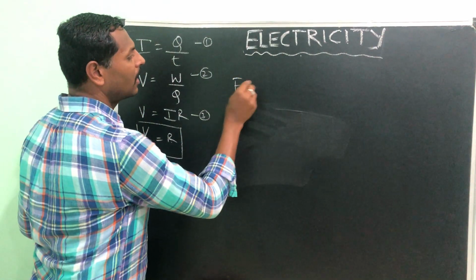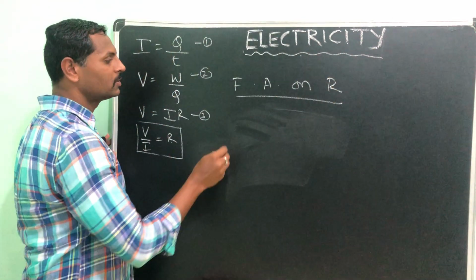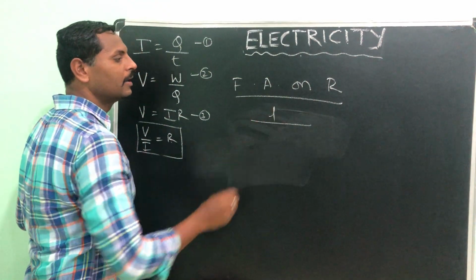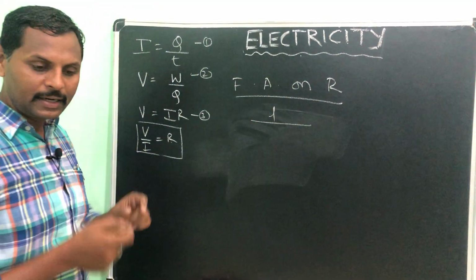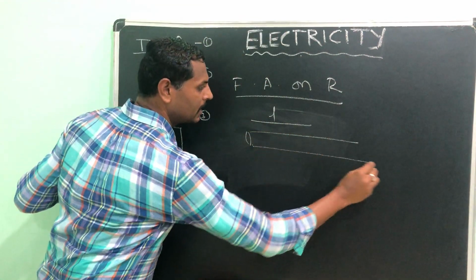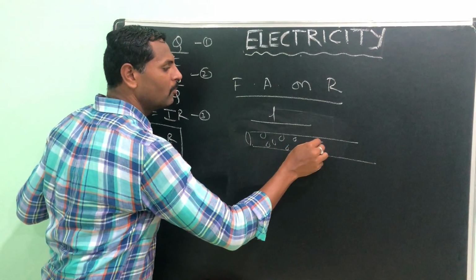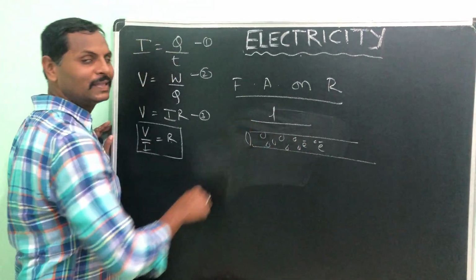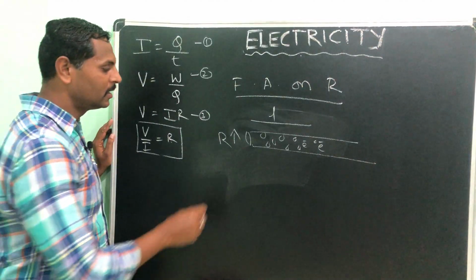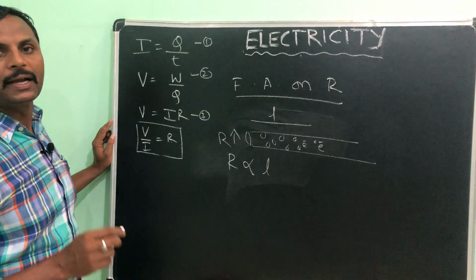First one, length of a conductor, that is L. If the length of a conductor is more, then you will have more number of atoms in it, and there will be more collision of electrons with the atoms. Definitely the resistance will be more there. That means resistance is directly proportional to the length of the conductor. You can take it like this.